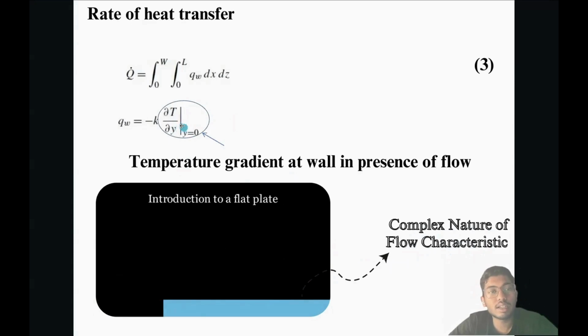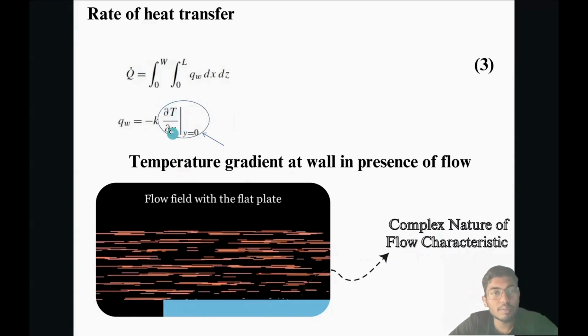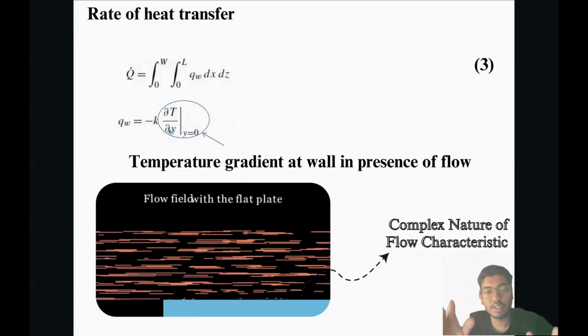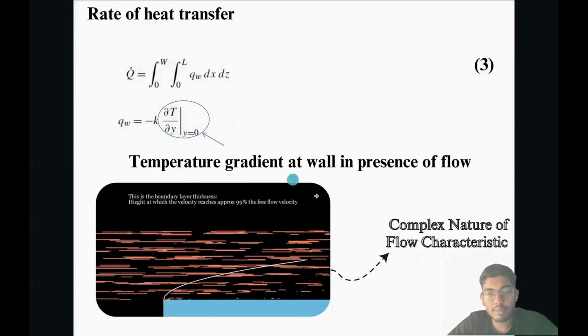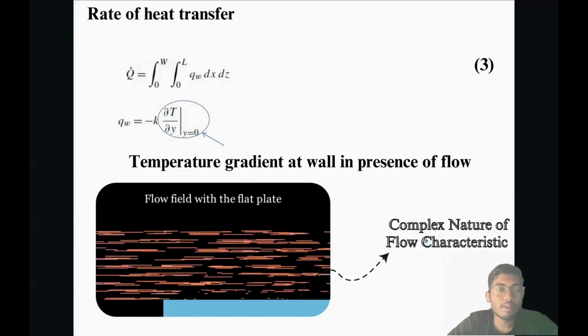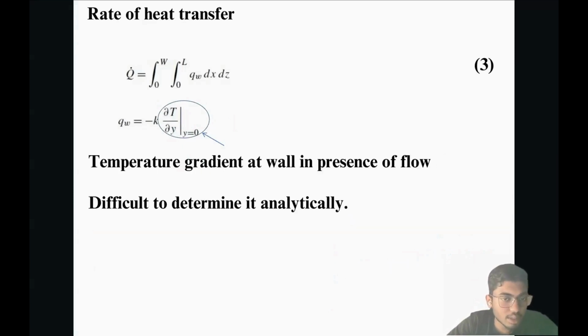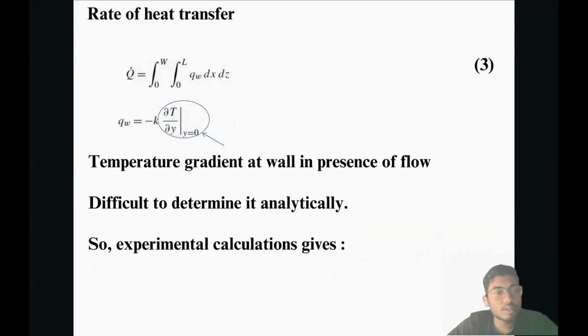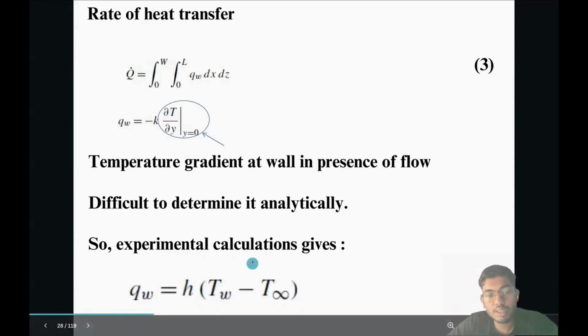We don't have an equation to write that dou T by dou Y is a function of Y. We cannot write that because it is such a complex flow. So it is difficult to determine it analytically, so we will do some experiments. With a lot of experiments, it has been concluded that this equation is Newton's law of cooling for convection.